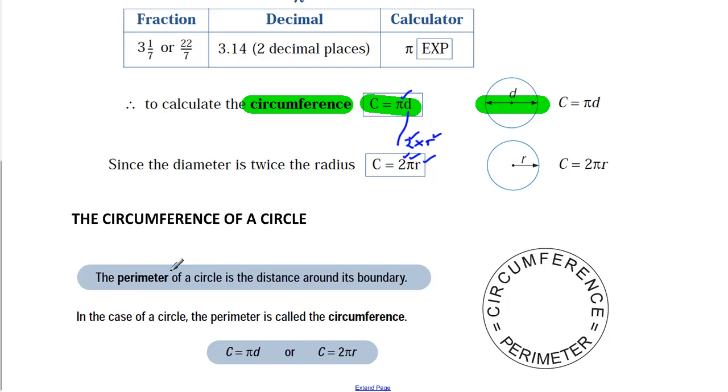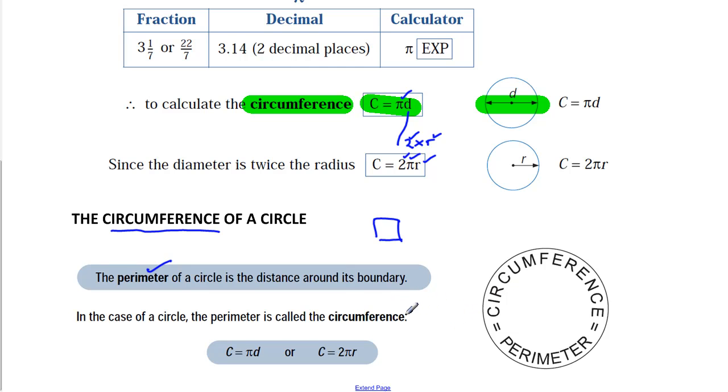So just as a quick review, the perimeter of a circle, that's the circumference, the outside, that's exactly what the circumference is, the perimeter. So just like a square, if I drew a square like that, the distance around the outside is called the perimeter of the square. Well, with a circle, the distance around the outside is called the circumference.